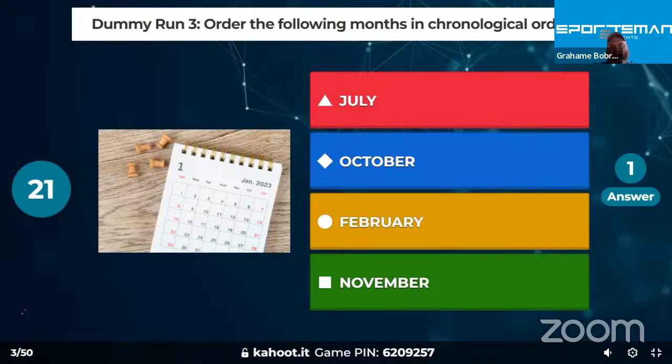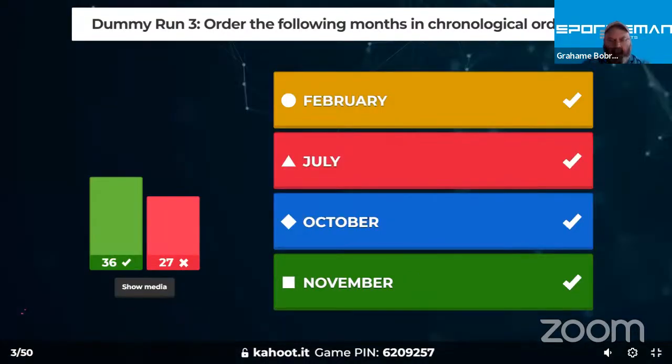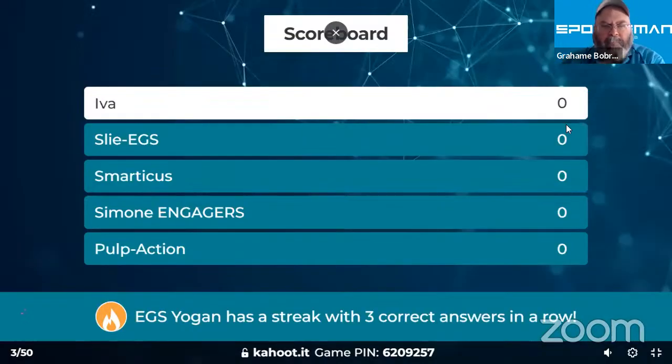Actually slide the block into place. Six of you getting it right. February, July, October, November. And that pretty much is the trial dummy run over.